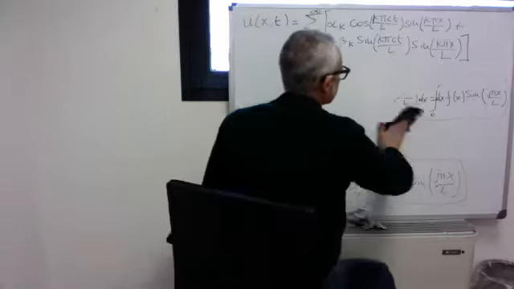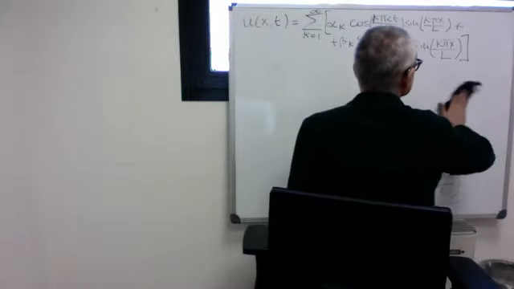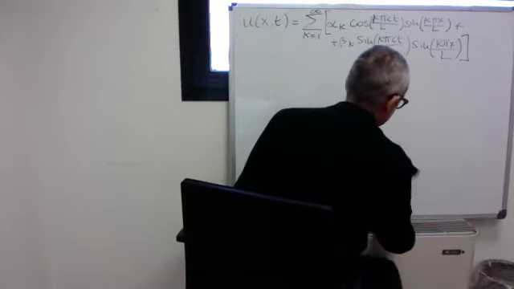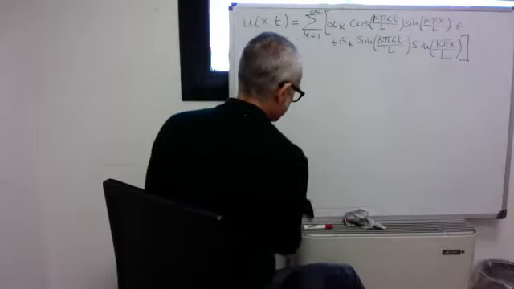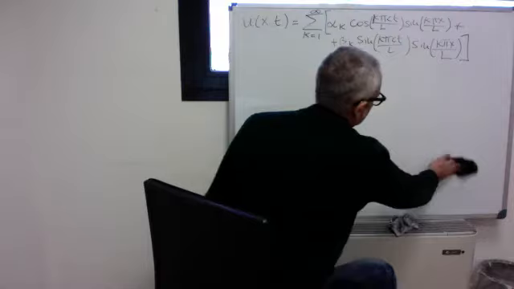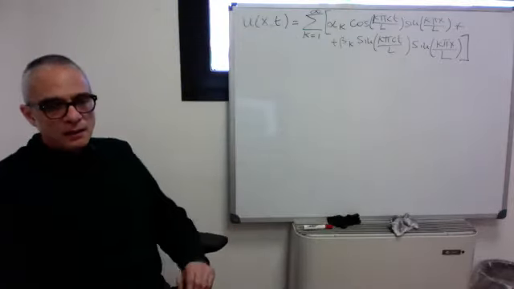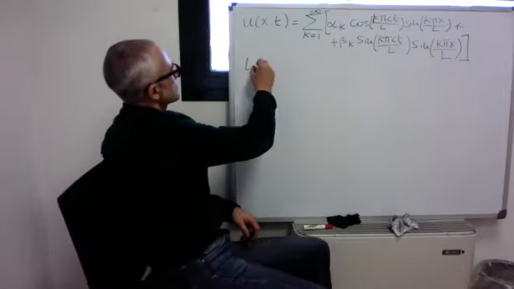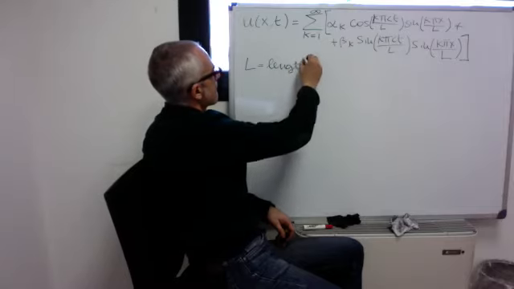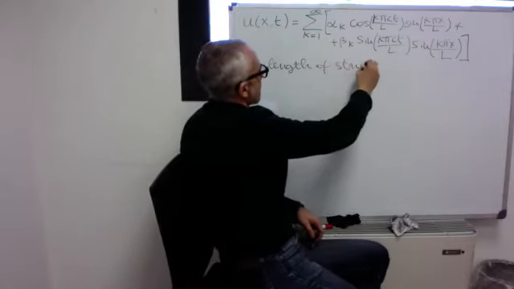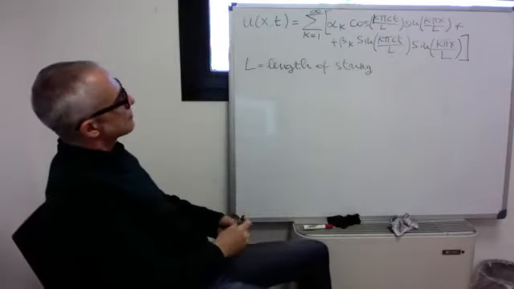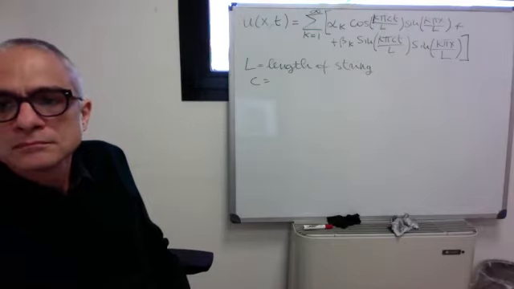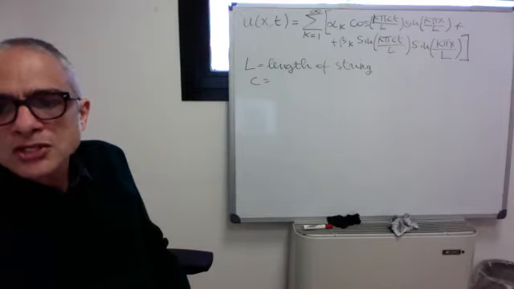So what I hope to have convinced you of so far is that the motion of a string is described by this seemingly very complex expression, where L is the length of the string, C is the ratio.